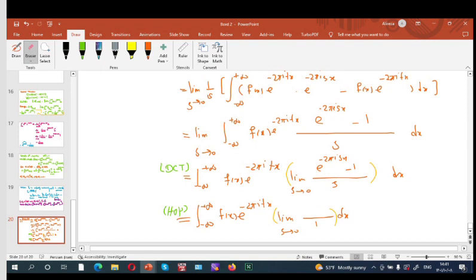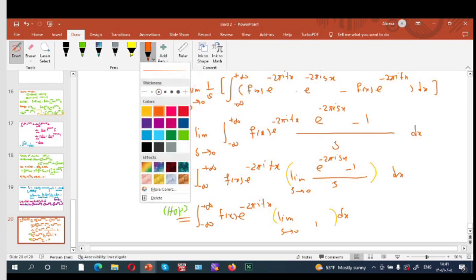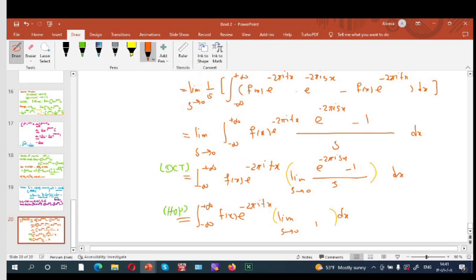The derivative of this equals minus 2 pi i x e to this power, e to the minus 2 pi i s x. Taking the derivative with respect to s, we have this coefficient.